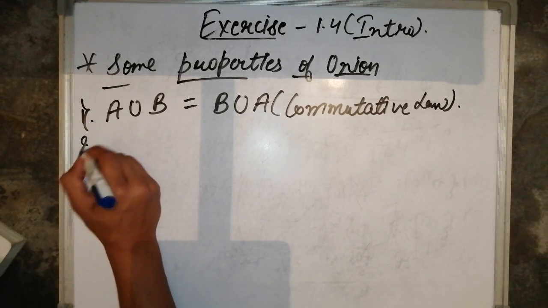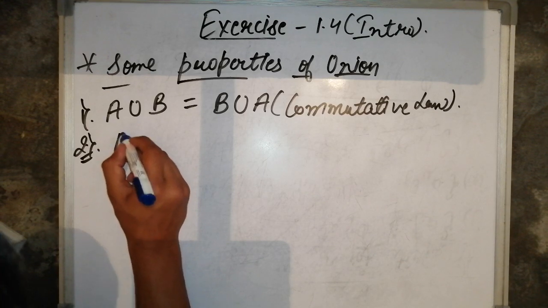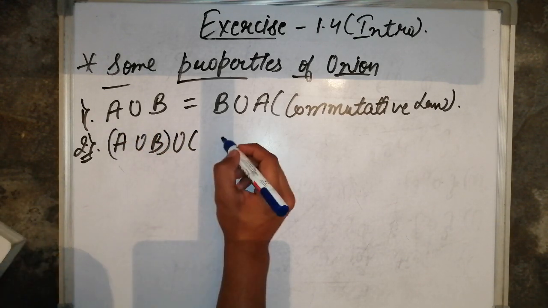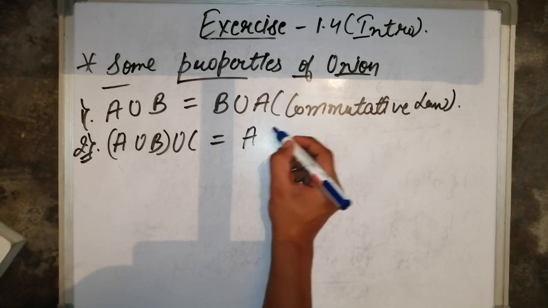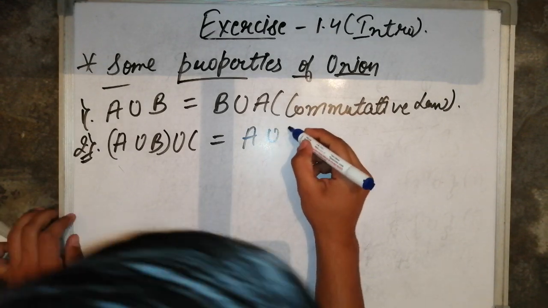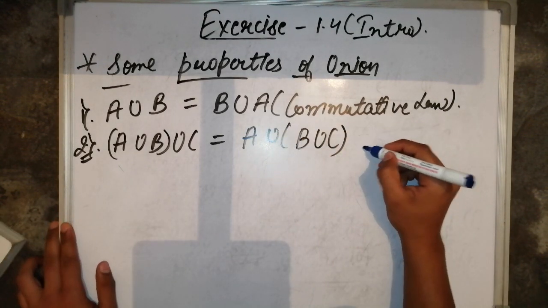And the second property is A union B union C, that is (A union B) union C, is equal to A union (B union C). It is the associative law.